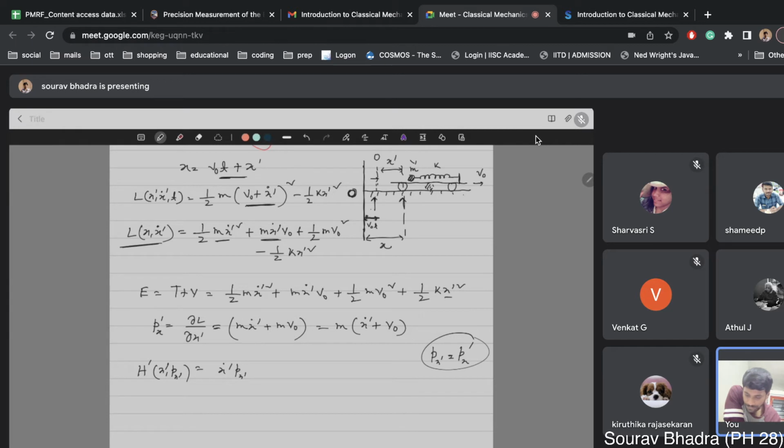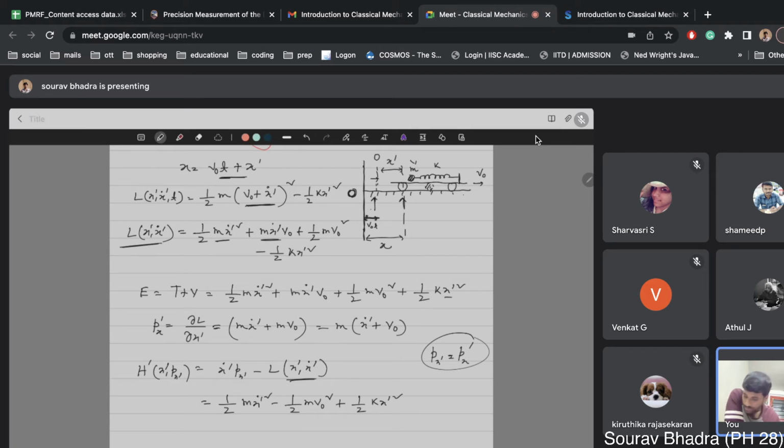Now minus L, where L is this one, in x dash and x dash dot. If you put all this together in the proper way, you will get half m x dash dot square minus half m v0 square plus half k x dash square. So this you will get.